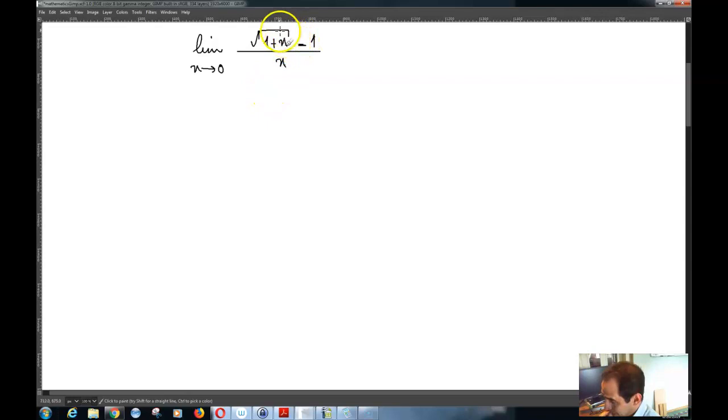So you can rewrite this as the limit of 1 plus x raised to the power 1/2 minus 1 over x, and you couldn't do much with this expression.